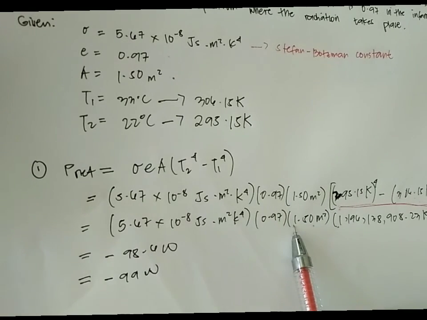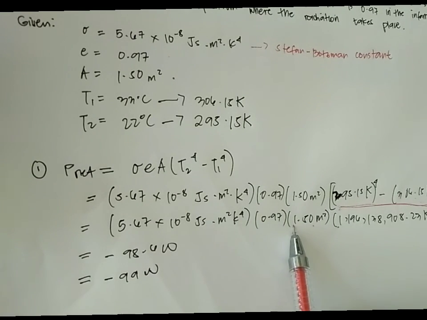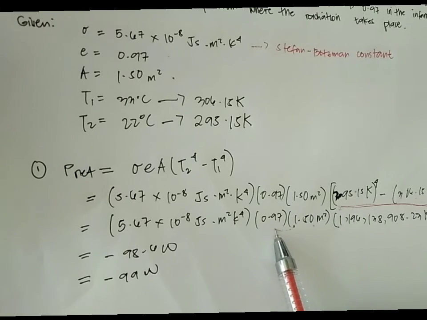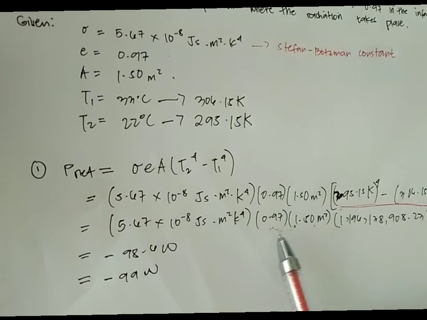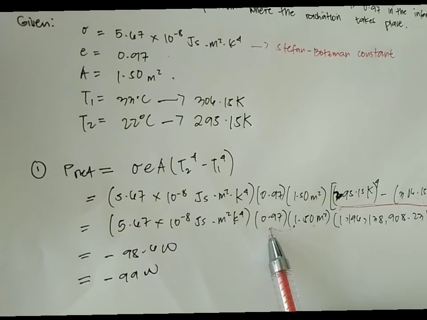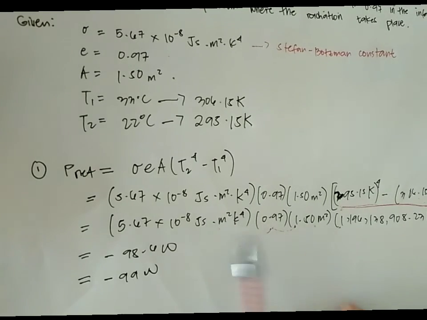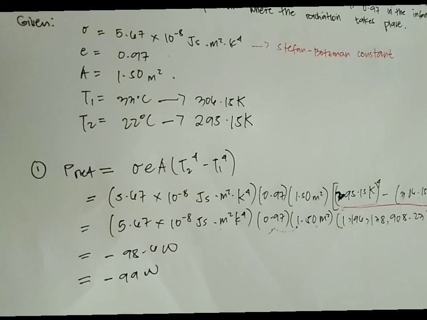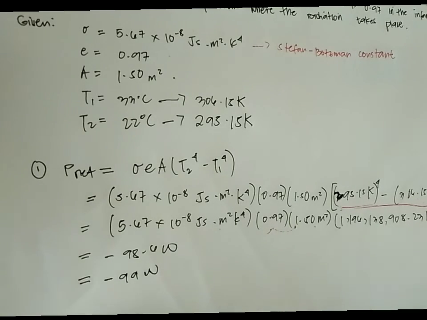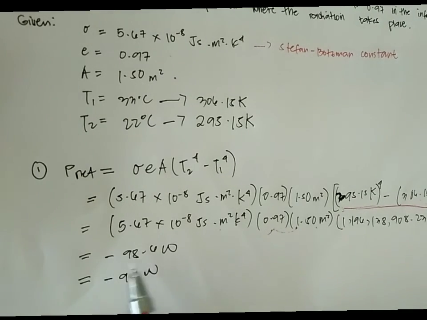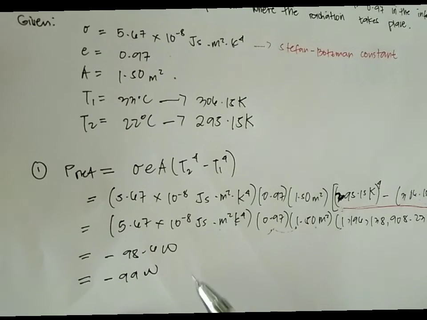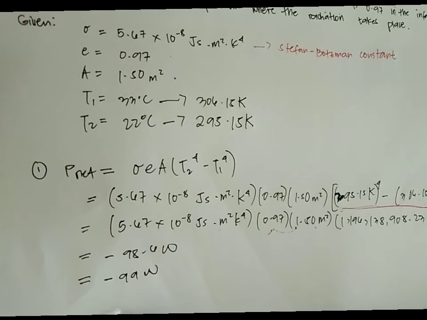Then I multiplied that product by the emissivity of the skin, and then multiplied that product by the Stefan-Boltzmann constant, and I came up with the answer negative 98.6 watts, which rounds up to negative 99 watts.